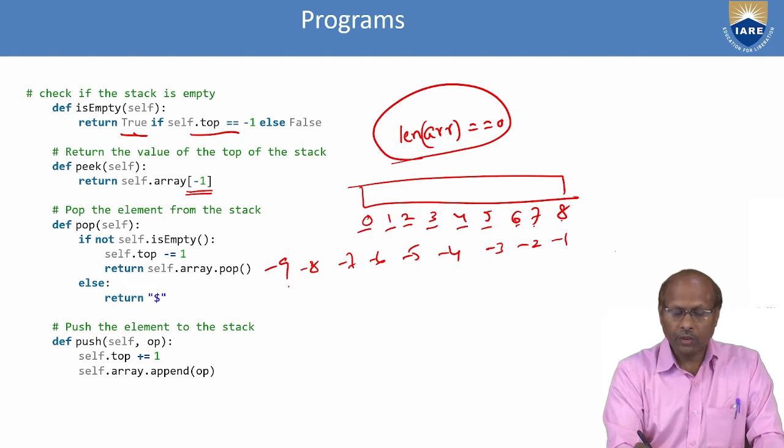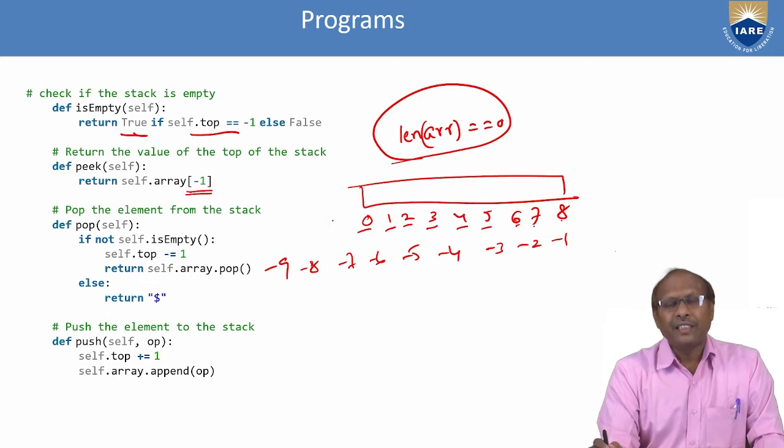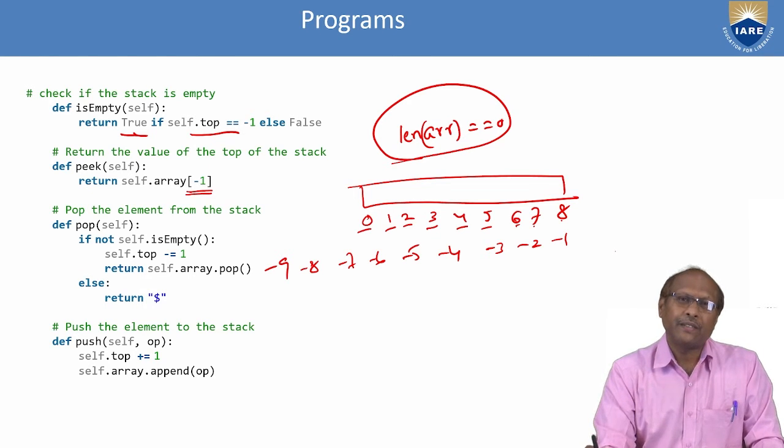So this is -9. That means array of 0 is equal to array of -9. Both are the same, because Python supports both indexing: positive indexing as well as negative indexing.